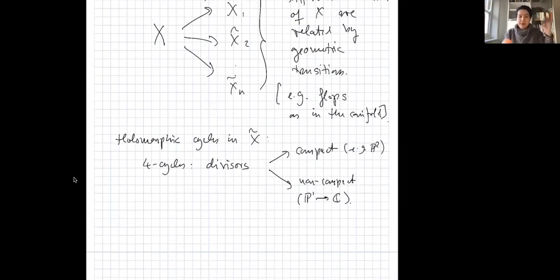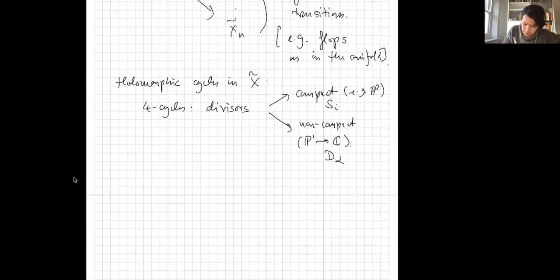And they play a very different role in what we'll be doing next. The compact cycles I will always denote by S_i, and the non-compact ones by D_alpha. If I wrap various M-theory degrees of freedom on them, they give rise to very different objects. So for example, if I wrap M5 branes on the compact ones, I get strings.